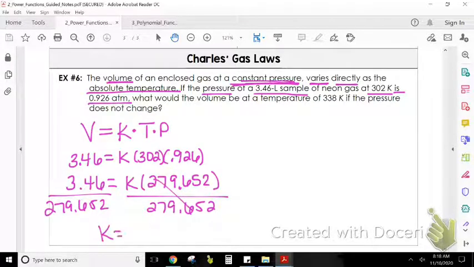And so we end up with k equals 3.46 divided by that number, and I got 0.0124.